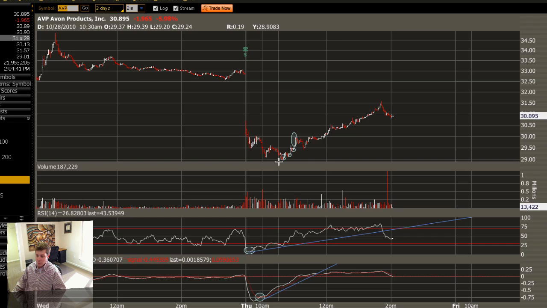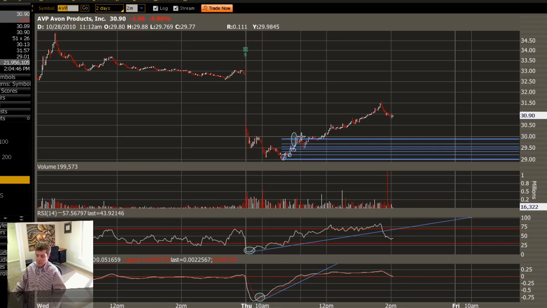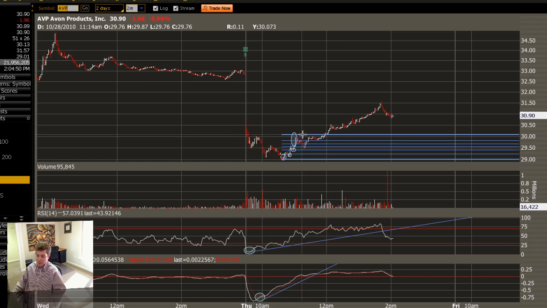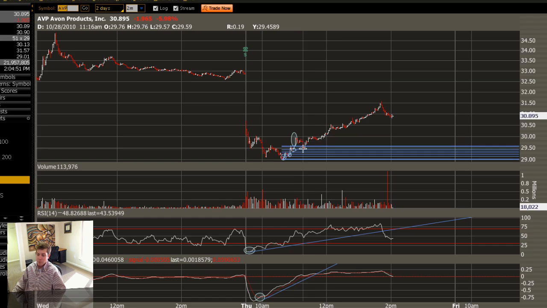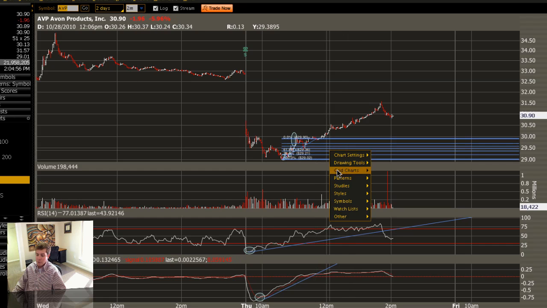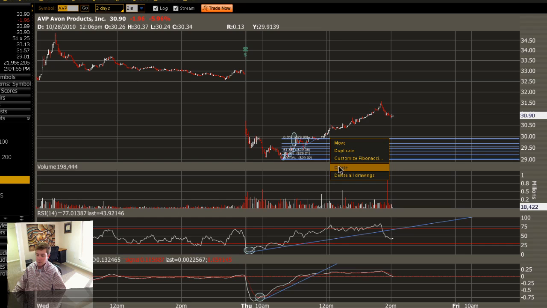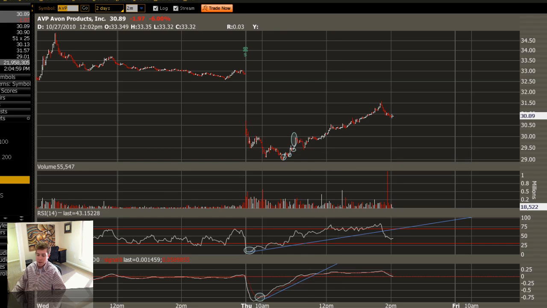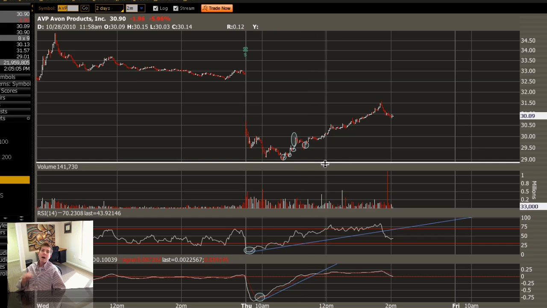The reason I picked 29.52 was because I wanted to see a 50% retracement of this move from 29 to 30. Just split that move and you get 29.50 roughly. I went just above 29.50, since 29.50 is a bit of a psychological barrier, and chose 29.52.